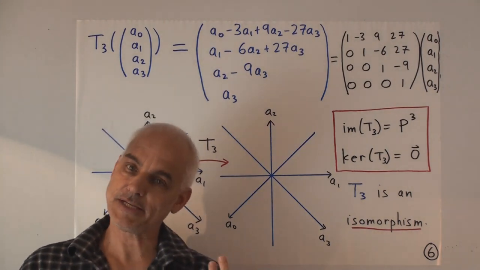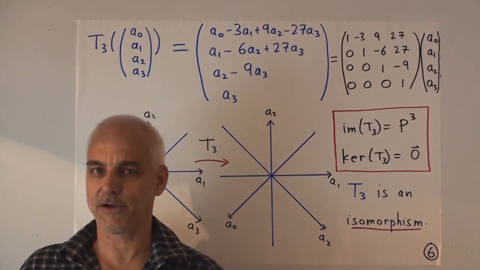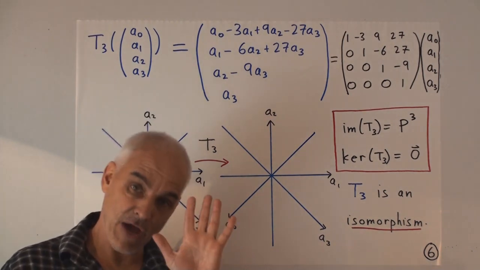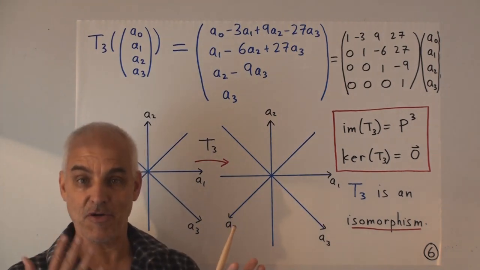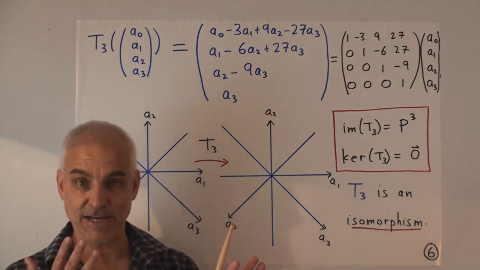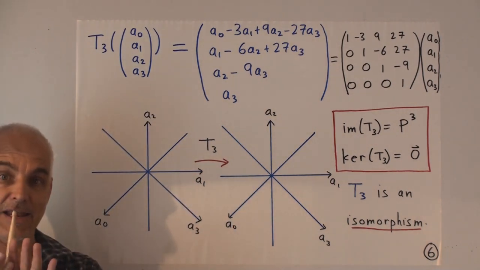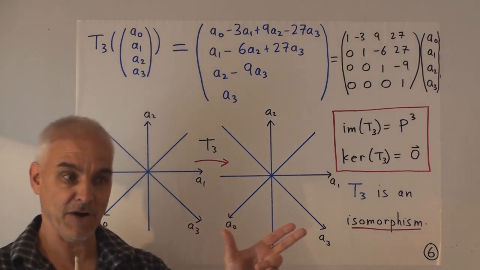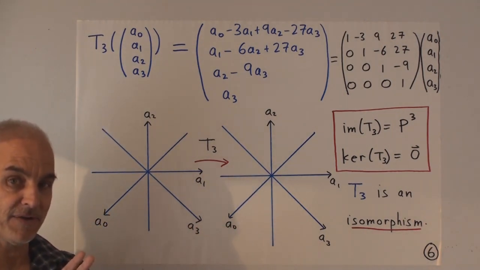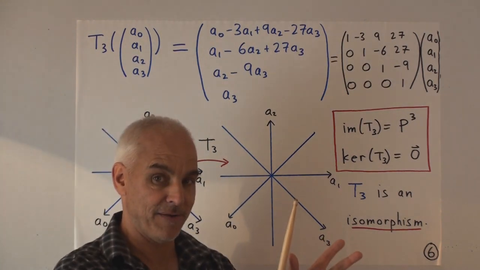Well, in this case, we can answer those questions immediately without any calculation, because any polynomial of degree 3 is the image of another polynomial of degree 3 by translation. Namely, the polynomial that you get by translating it negatively by 3. So I have any polynomial over here. If I move it by 3 to the left, then if I apply the transformation to that one, I'll get the original one.